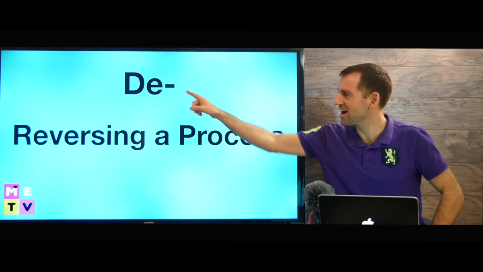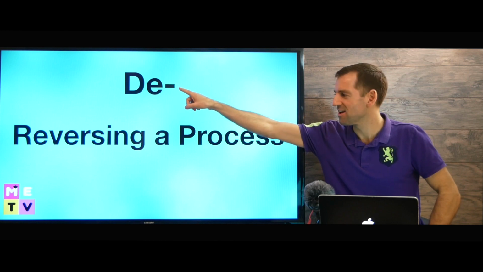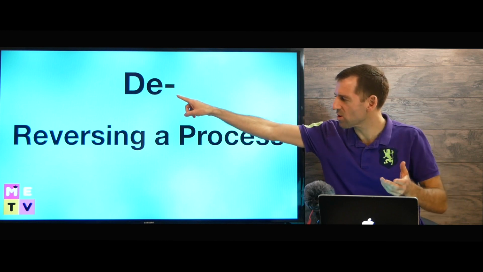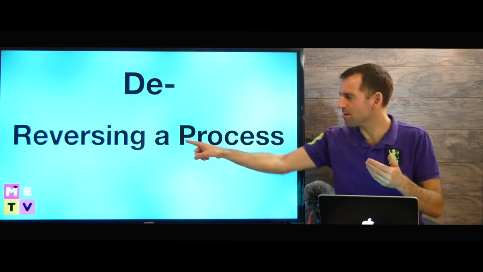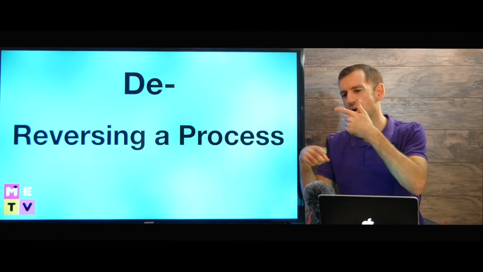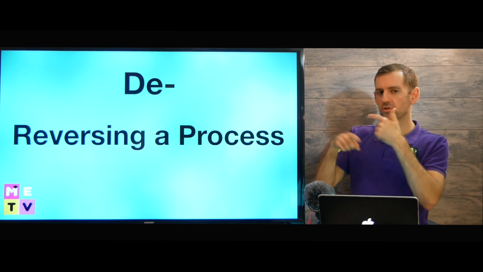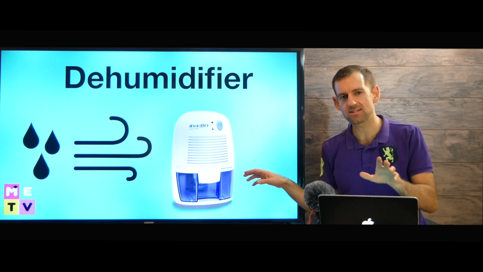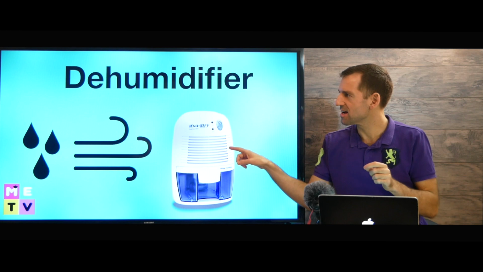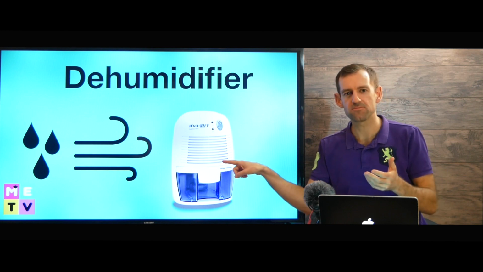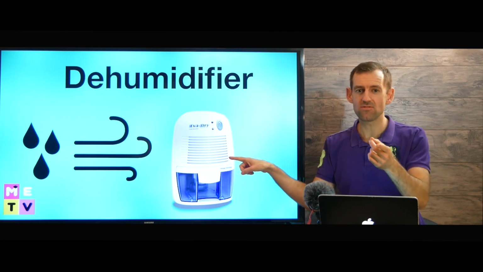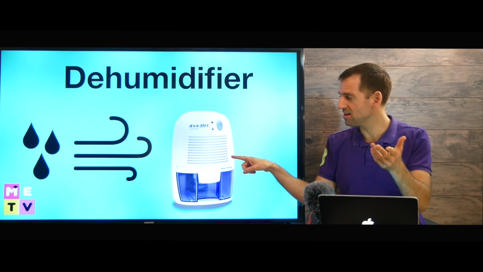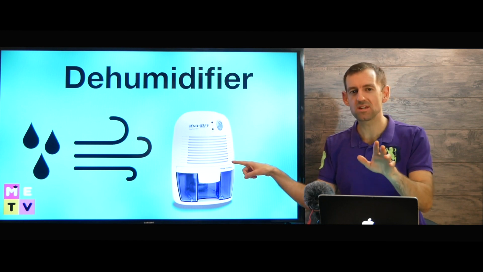Let's take a look at the prefix de. We use this one when we're talking about reversing a process. We have an appliance called a dehumidifier. I'm not sure if you have dehumidifiers in your country. Maybe if you live in a very humid country.